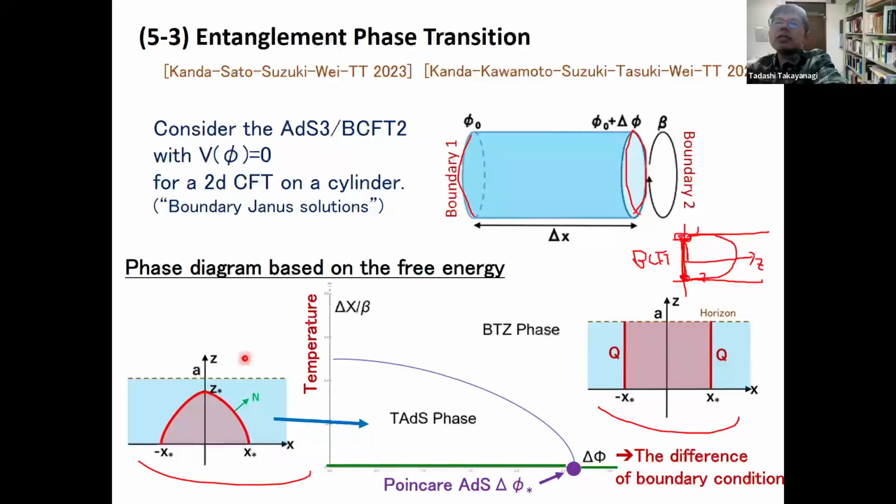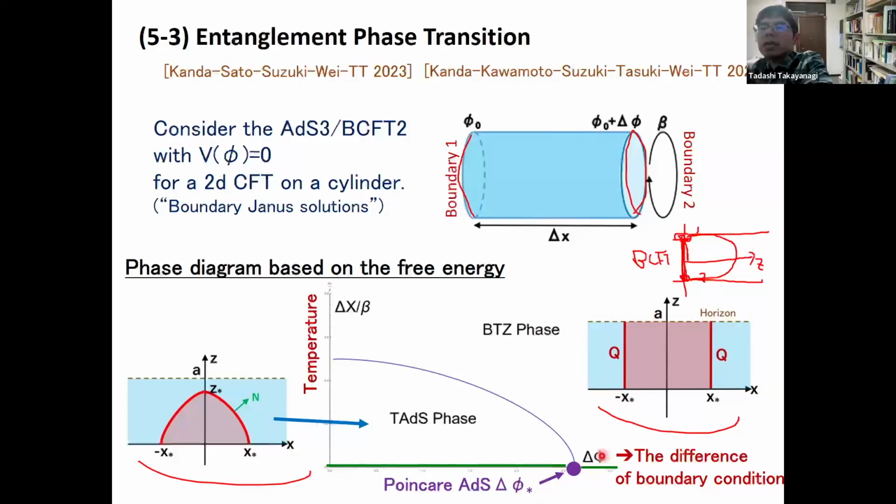So this is an interesting phase diagram, but it also looks similar to QCD or other confining theories, because here this is a confined phase. You might think of this as a baryon chemical potential, this as temperature, and this as density. At high density, we have a deconfined phase. So indeed, we have a black hole phase.